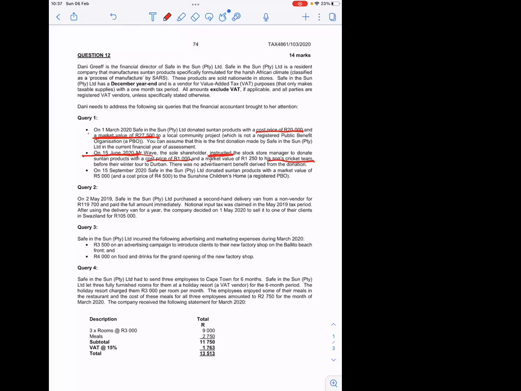There was no advertising benefit derived from the donation. Right. Which section is being tested there? Which section is being tested, good people? And what will it require us to do? Which section is being tested, good people?